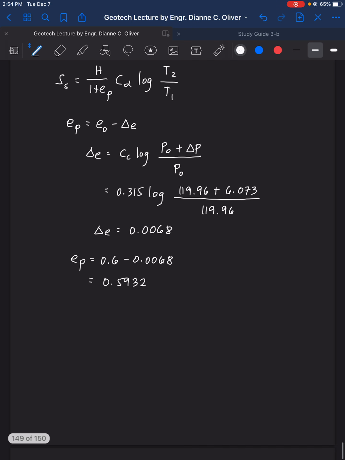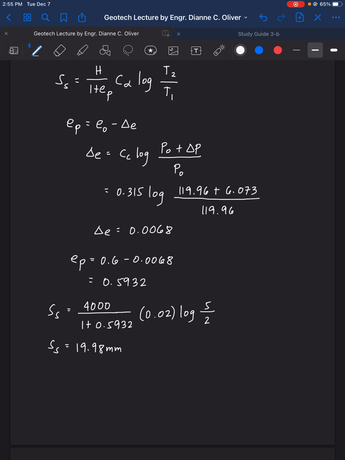Okay, so we can now solve our S sub S, and that is equal to 4,000 mm over 1 plus 0.5932, times our C alpha, 0.02, times log of time 2, which is 5 over 2, in years. So S sub S is equal to 19.98 millimeters.